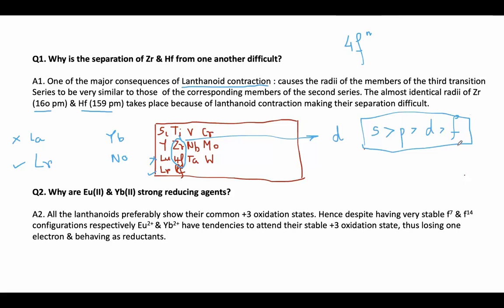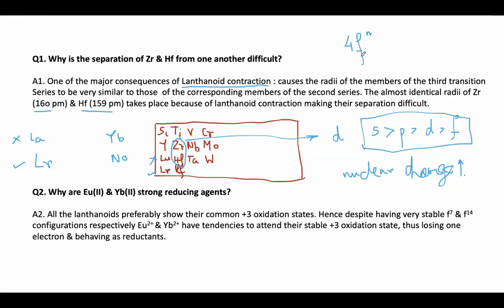Now here you can see from left to right, the atomic number increases. That is the nuclear charge. The nuclear charge increases from left to right, and also the electrons are filled in the 4f orbitals.